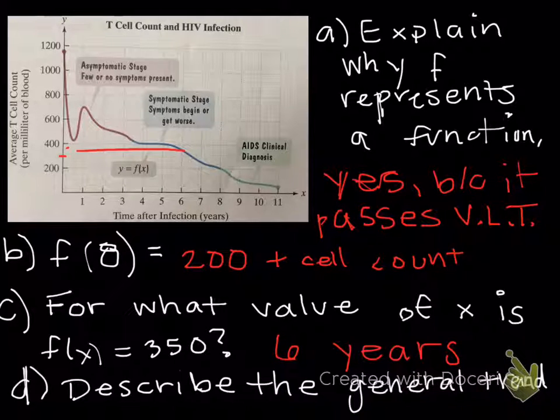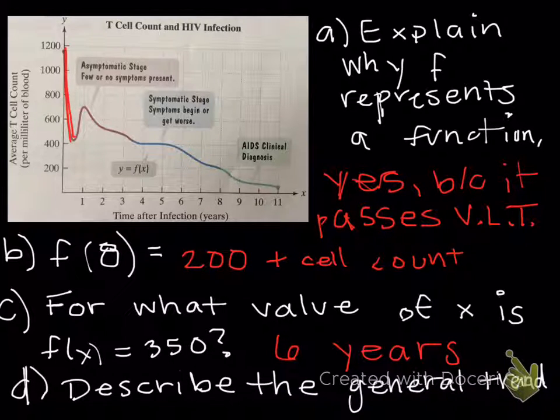Okay, so I'm not going to write this down, I'm just going to verbally talk about it. So if we were describing our general trend, some things that would be important to discuss is that this right here represents your first 6 months. So over the first 6 months, there is a rapid decline in your T cell count.